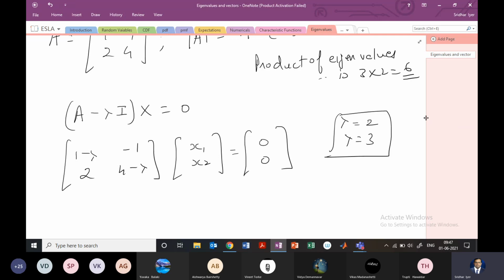I'll just give you some time to solve this. Find the vectors. Corresponding to lambda equal to 2, name it x1, and corresponding to lambda equal to 3, name it x2. Then we'll check what answers we get.